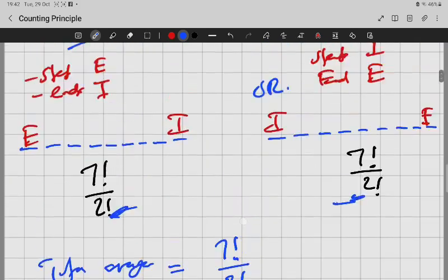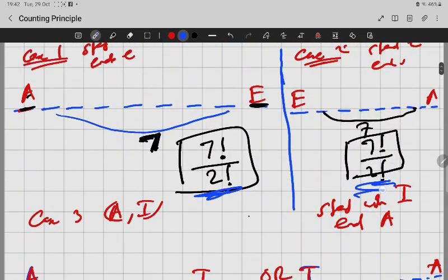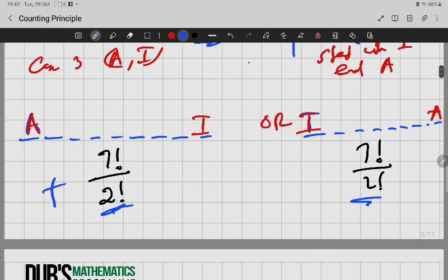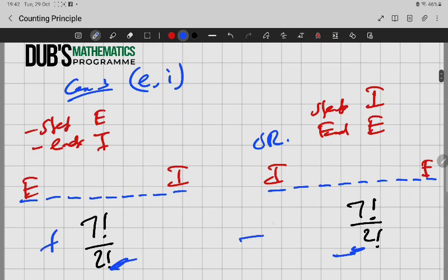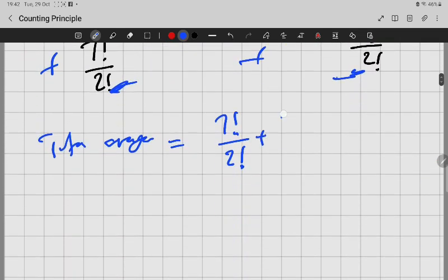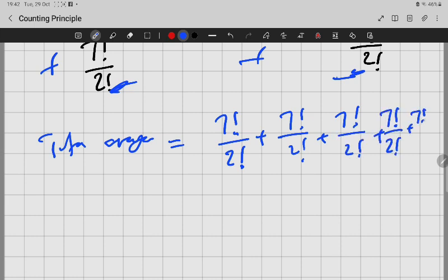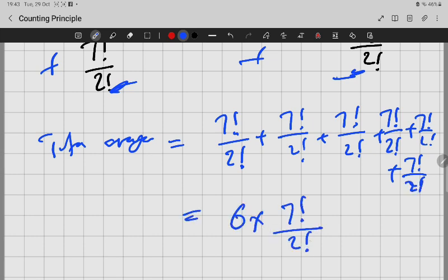So this plus, O that plus, O this plus, O that plus. So we have this plus 6 times, which ends up being 6 times 7 factorial over 2 factorial.